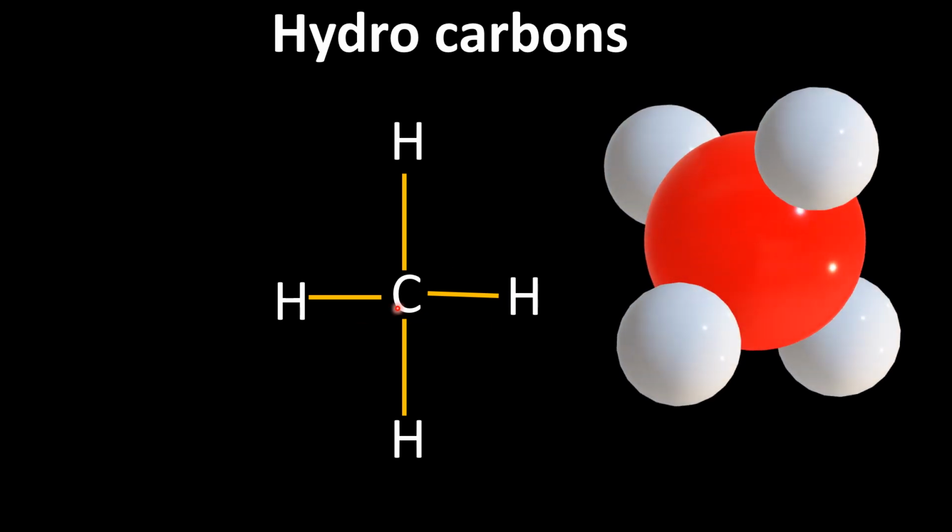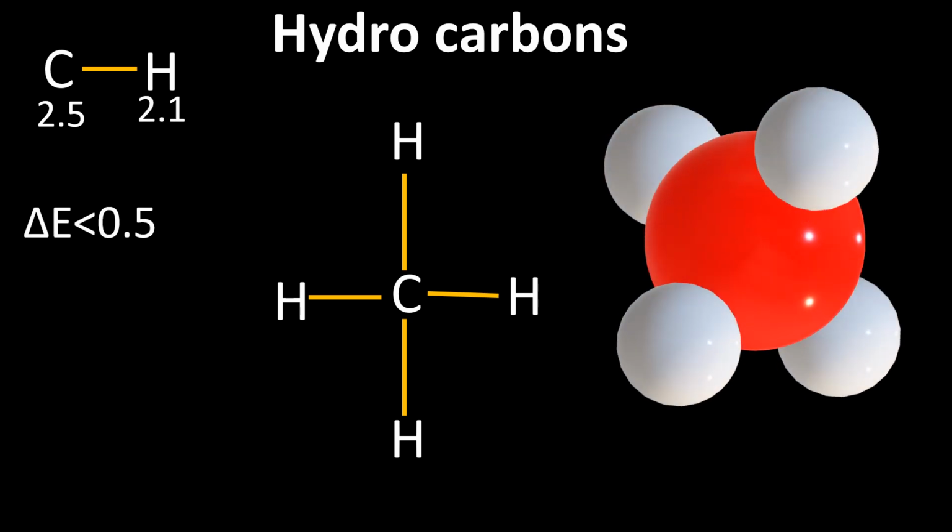In these bonds, again, there is equal sharing of electrons between carbon and hydrogen. The electronegativity value of carbon is 2.5 while that of hydrogen is 2.1, so the difference in electronegativity is 0.5.